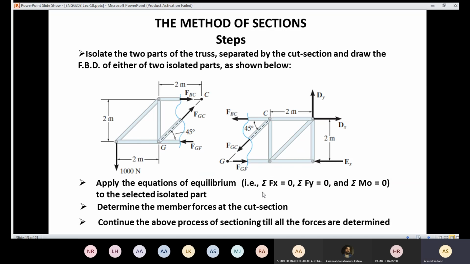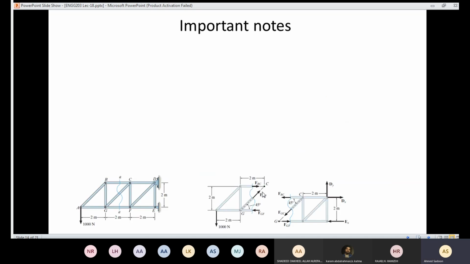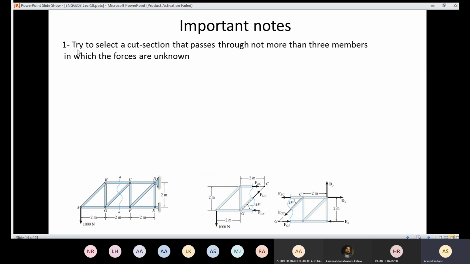So we have very important notes. You need to take care of them. The first note is to try to select a cut section that passes through not more than 3 members in which the forces are unknown. For example, if I cut here, then I'm going to have 3 unknown forces here, here, and here.